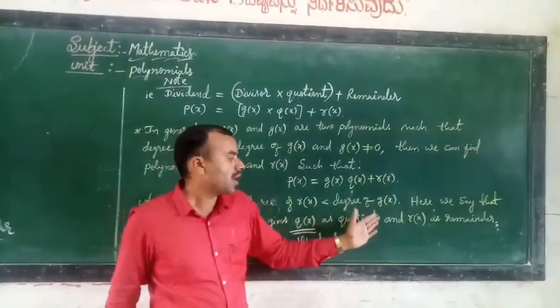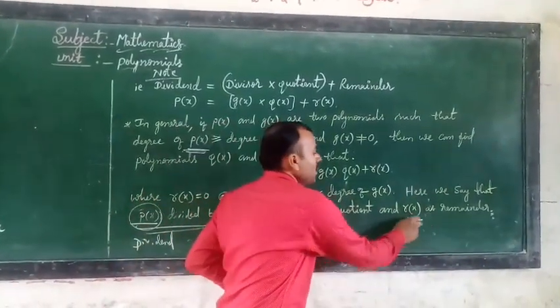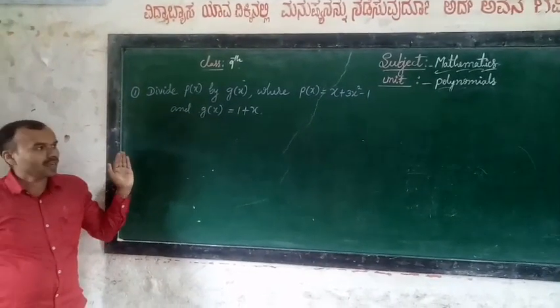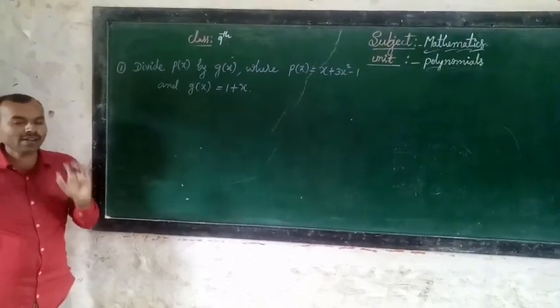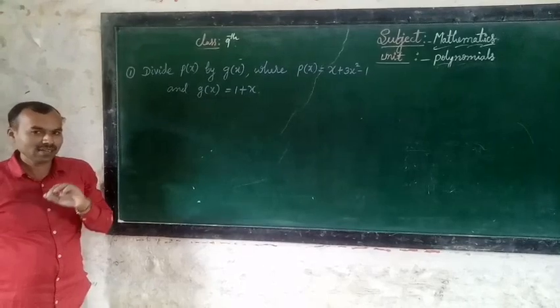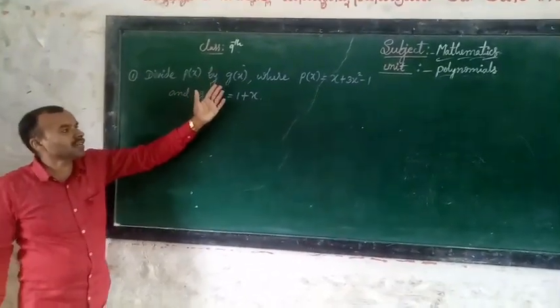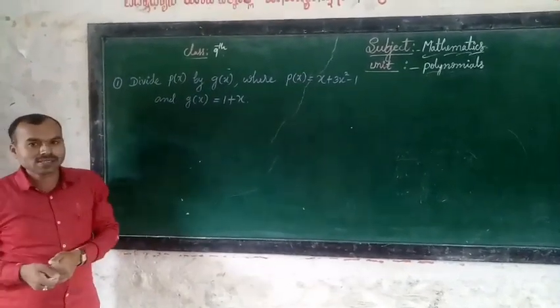In the last, we get the remainder, symbolically r of x. We already took the relationship between dividend, divisor, quotient and remainder: symbolically, p of x is equal to g of x into q of x plus r of x.